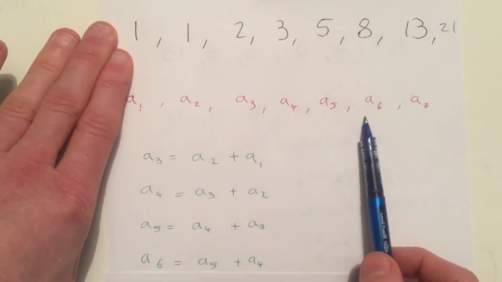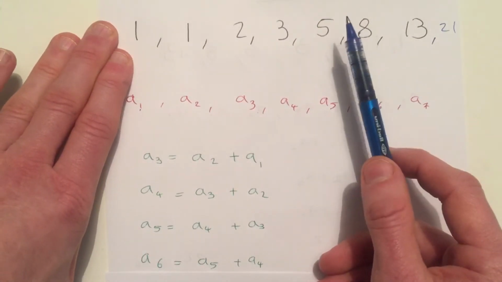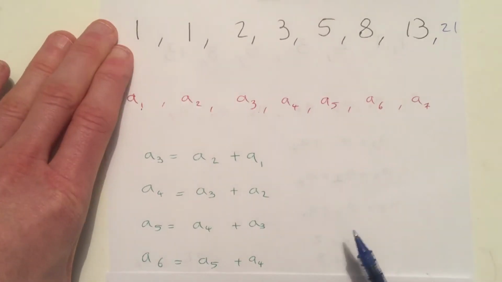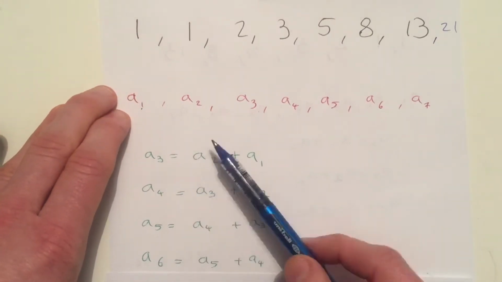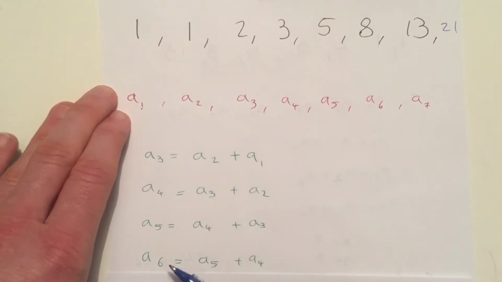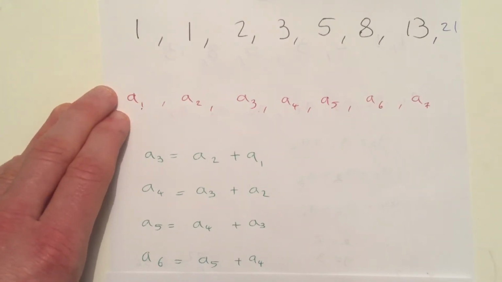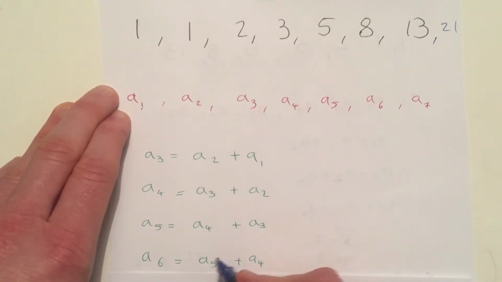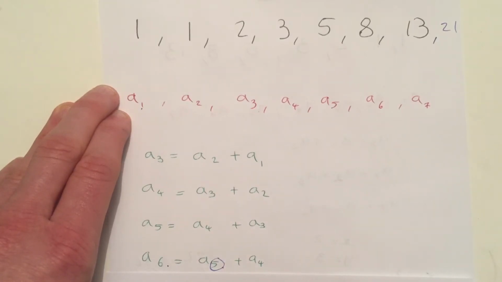The sixth number, the 8, came from doing the 5 plus the 3. Hopefully by writing these down, you can start to see that they all follow a rule where this number here is 1 less than this, and this number here is 2 less than this.